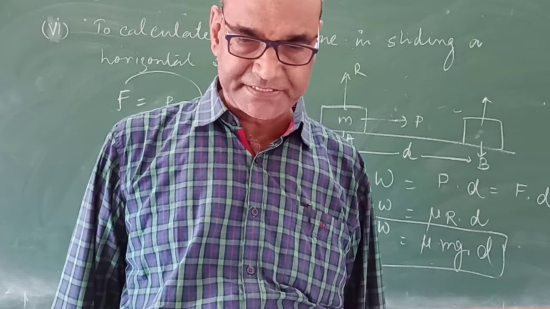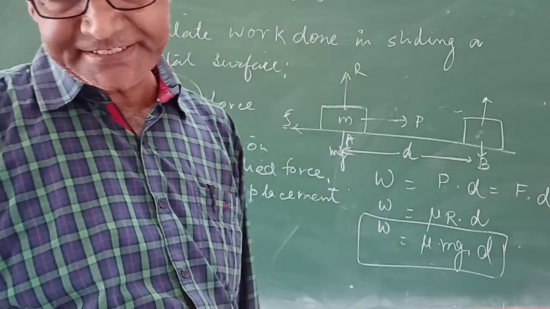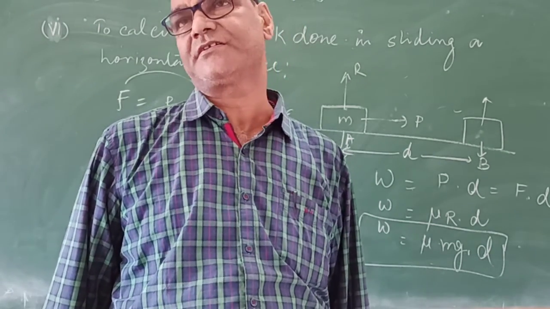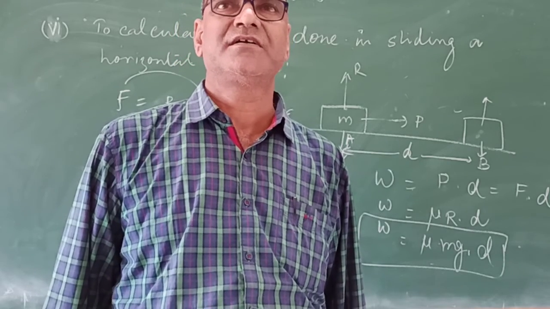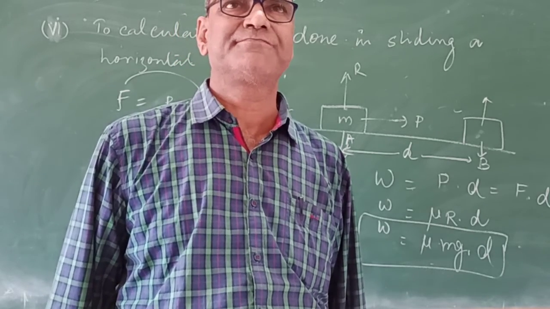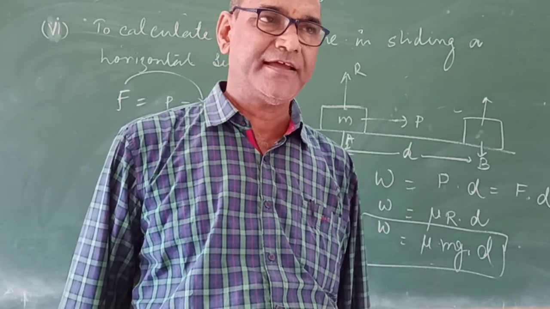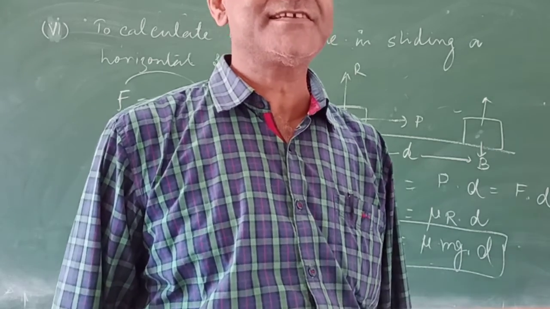Wear and tear of machinery parts is due to the force of friction. Excessive friction produces heat and causes damage to the machinery parts. These are the disadvantages of the force of friction. So, from the above advantages and disadvantages, friction is a necessary evil.